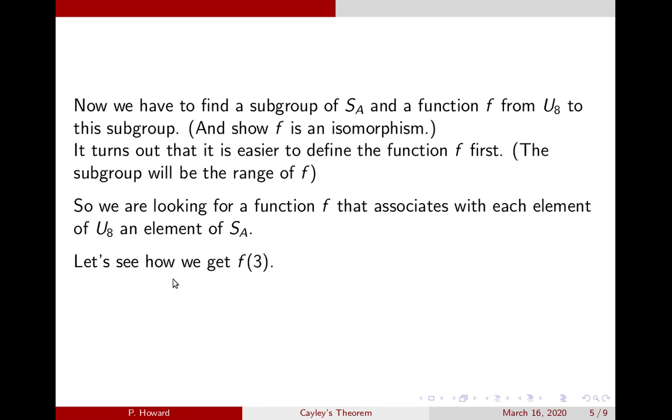Why don't we start with f of 3. f of 3 is an element of U sub 8, and f of 3 should be a permutation in S sub A. Since f of 3 is a permutation, sticking with our convention of using Greek letters for permutations, we will call f of 3 pi sub 3.